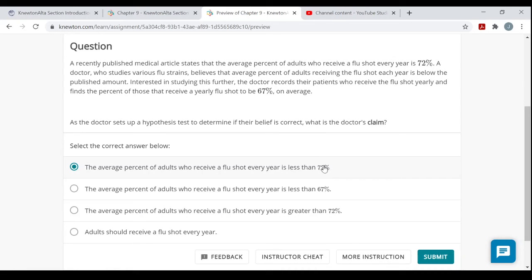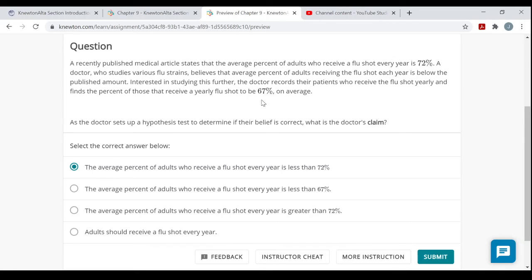The claim being made is always going to be about some population or populations. The article stated that the population average was 72%. The doctor believed it was less than that, so that doctor claims the average is less than 72%, and then they took a sample.